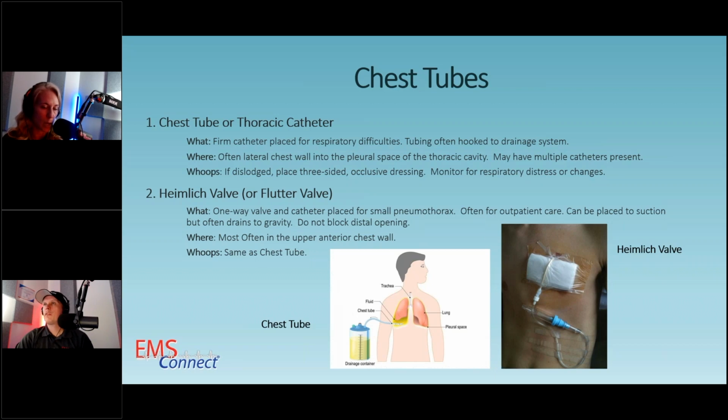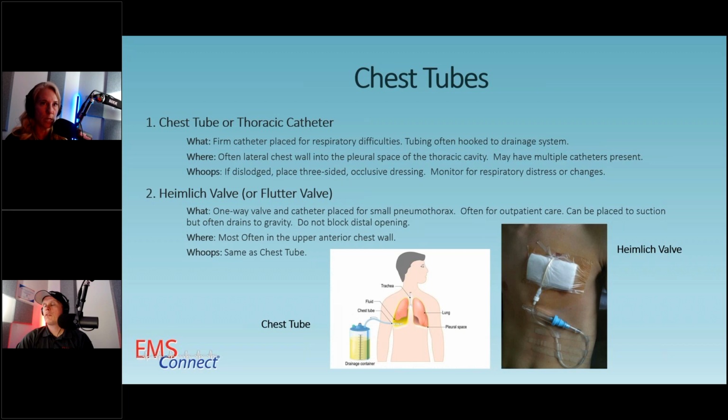If it gets pulled out, it's an open chest wound, and so you can start monitoring and preparing for the interventions that we would see with any open chest wound. Three-sided occlusive dressings are still the practice, but there are some studies that I know the military is doing, and that some hospitals are actually going with, where they're fully occluding that hole and then needle decompressing if any tension physiology occurs.